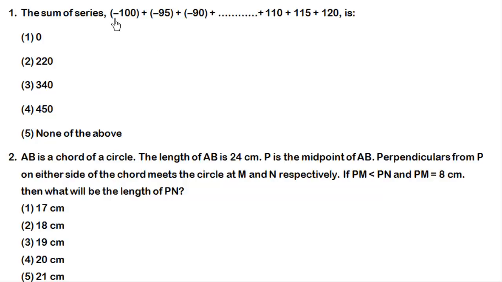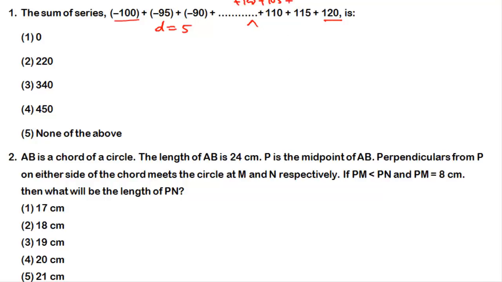As you can see, this is an arithmetic progression. The numbers are in arithmetic progression and we have to find the sum, which starts with minus 100 and goes till 120, with a common difference of 5. From minus 100 there will be a number plus 100, and after that another number which will be 105.